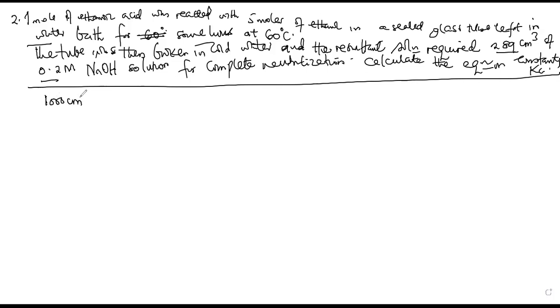So 1,000 cubic centimeters of sodium hydroxide contain 0.2 moles because this is a 0.2 molar solution. It means that those moles are in 1,000 cubic centimeters. So if 1,000 can contain 0.2 moles, what about 289?